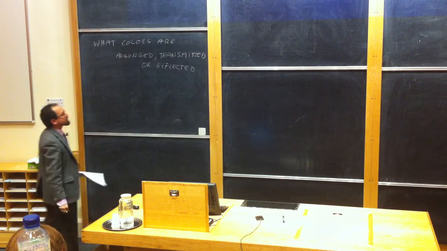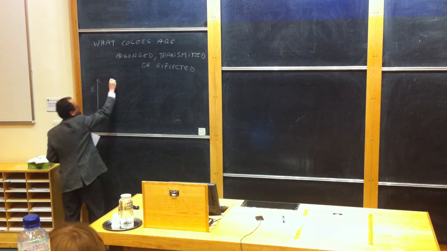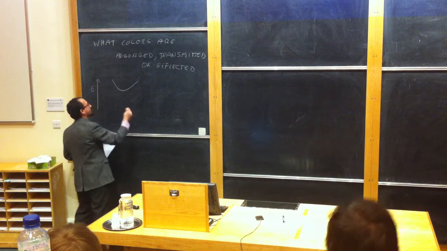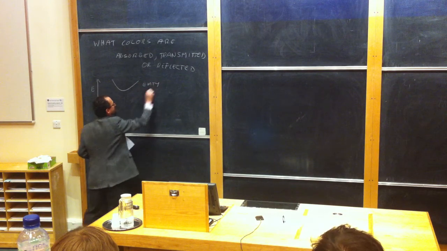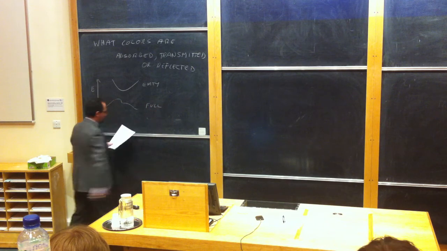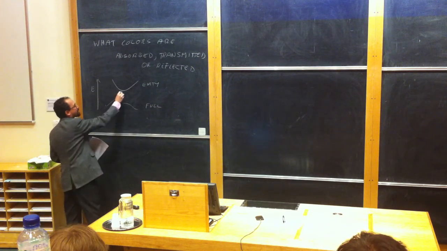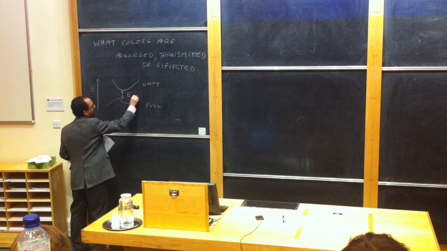So now let's think in terms of what we learned about band structure. Let's plot energy here. Maybe here's some conduction band, so this is empty. Then some valence band down here, which is maybe full. And there's some gap in between the conduction band and the valence band, E gap.